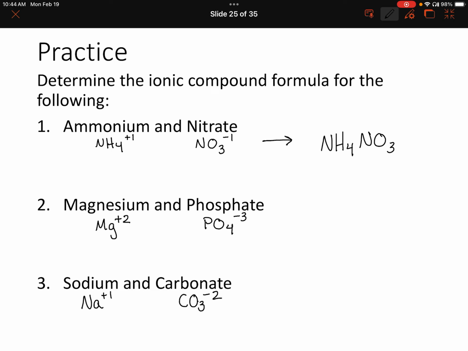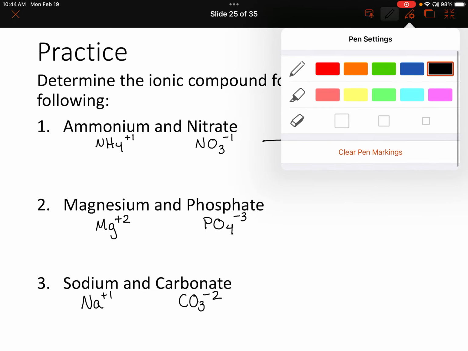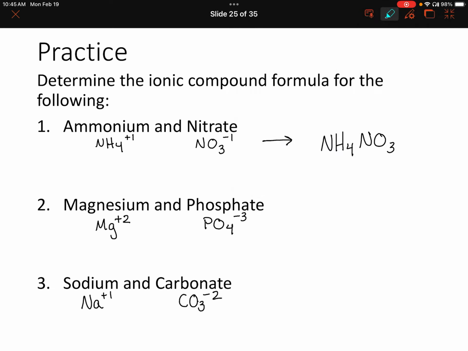Now, what about magnesium and phosphate? We have a plus 2 charge and a minus 3 charge. So remember my trick from the last video, we can just multiply each by the other's charge, right? So let's multiply magnesium by 3.